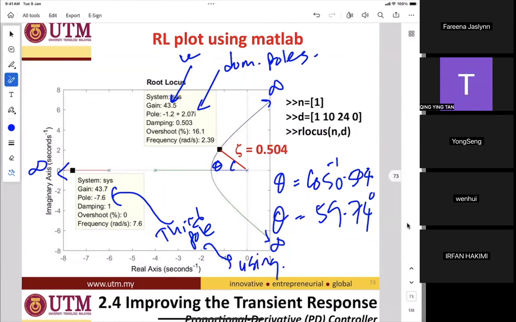What is the name of the equation? Characteristic equation.